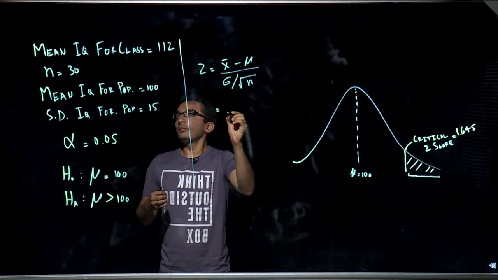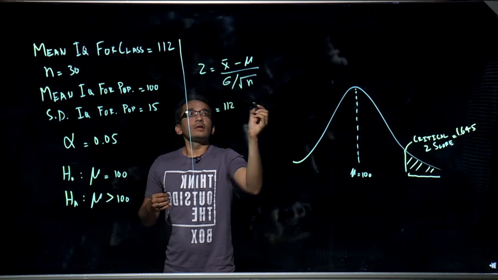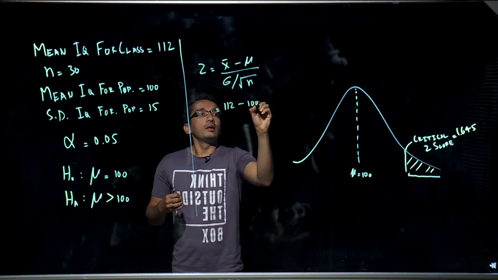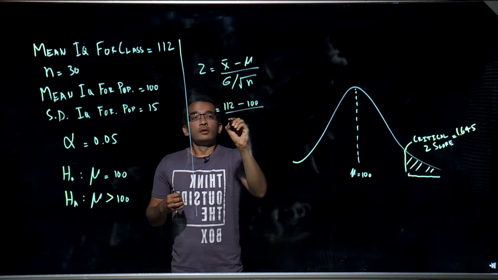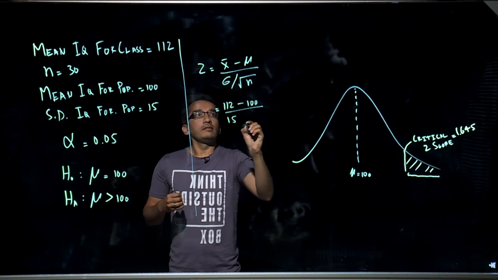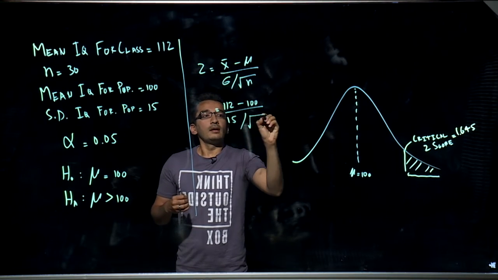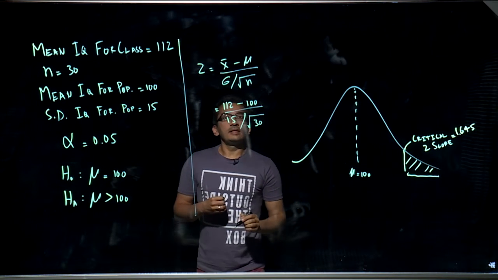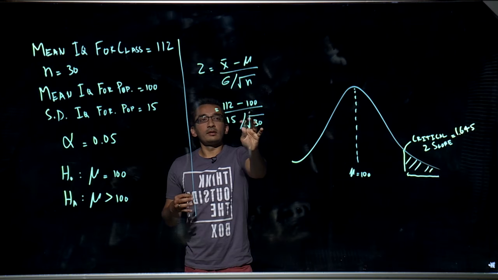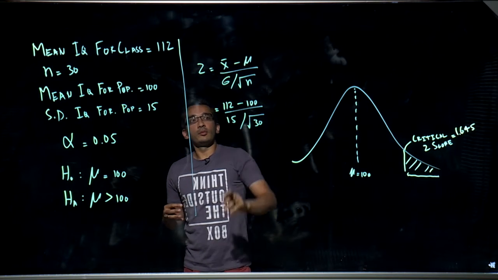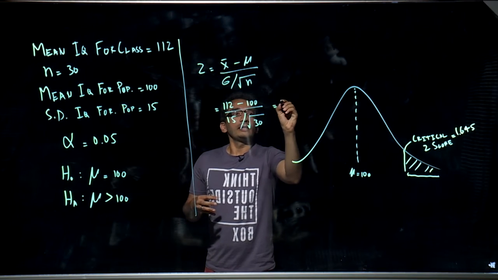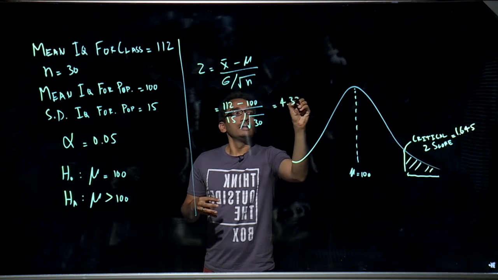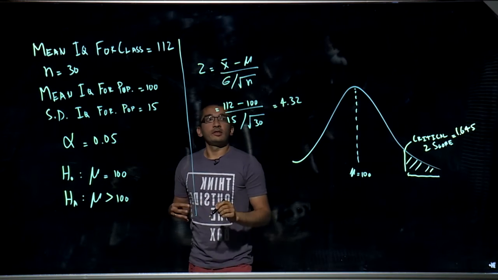So just plugging in the numbers, we have 112 as x bar, 100 as mu, 15 as the standard deviation of the population, and our sample size is 30. If we put all these numbers in the calculator, we will get 4.32 as our z-score.